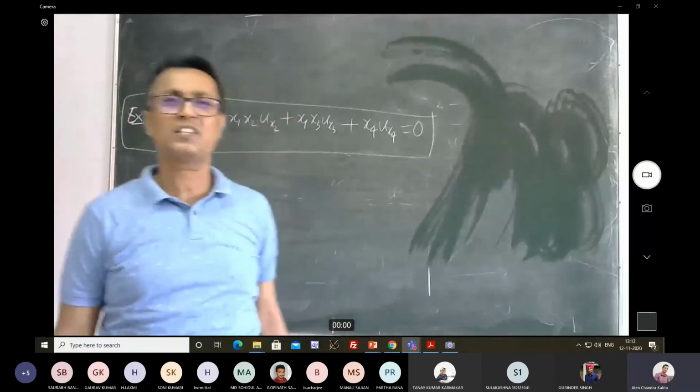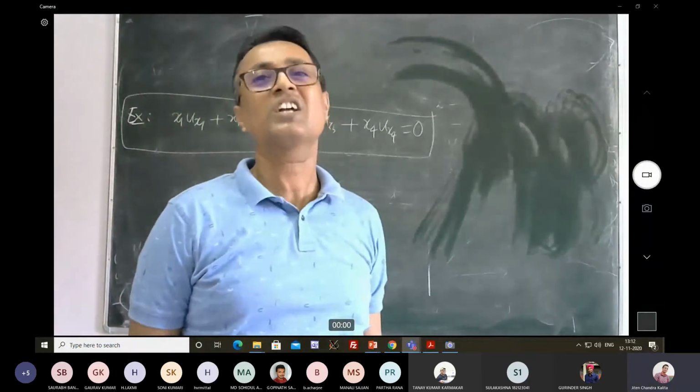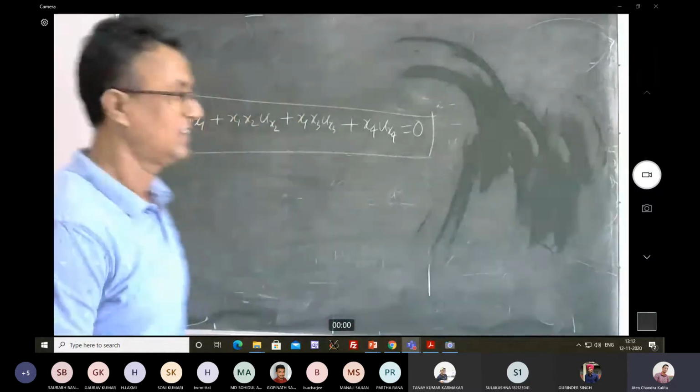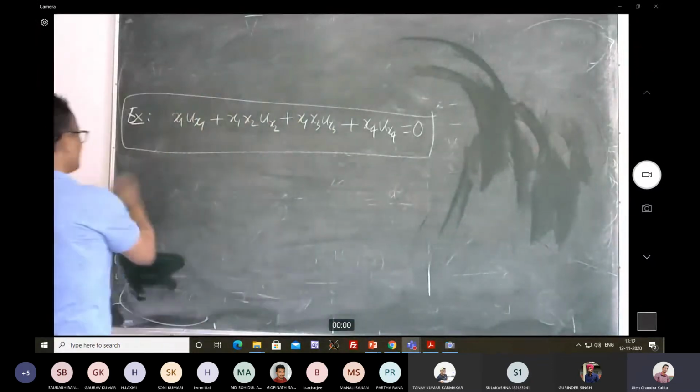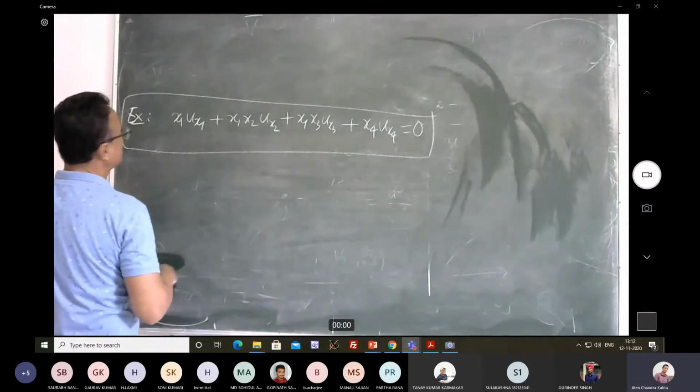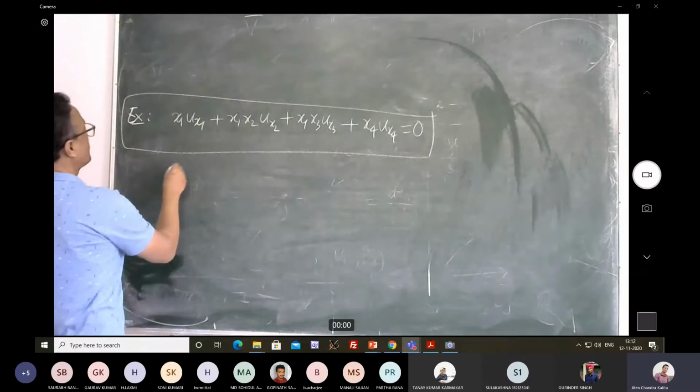We have grown up using the term auxiliary equations. So I can simply write the associated equations corresponding to this equation.